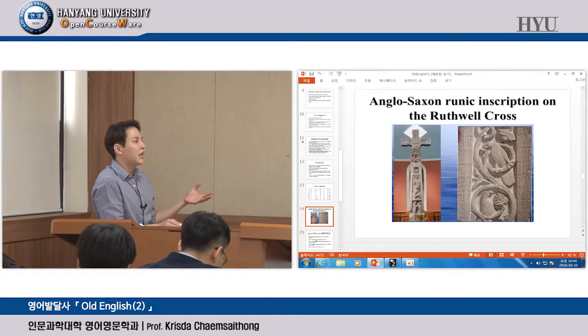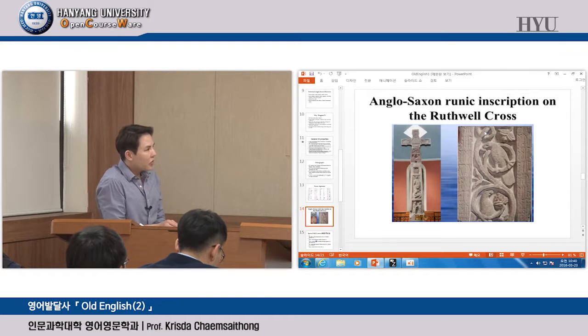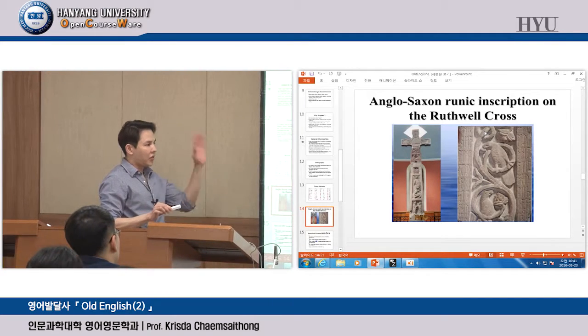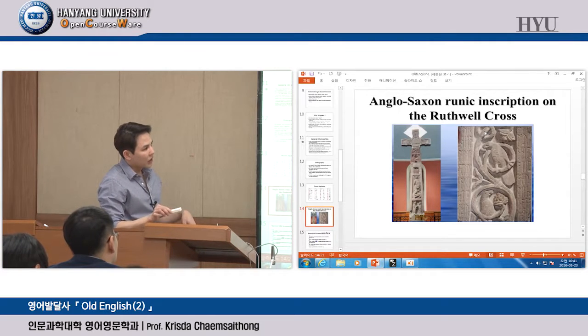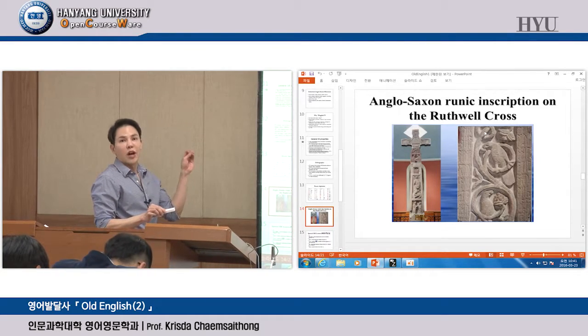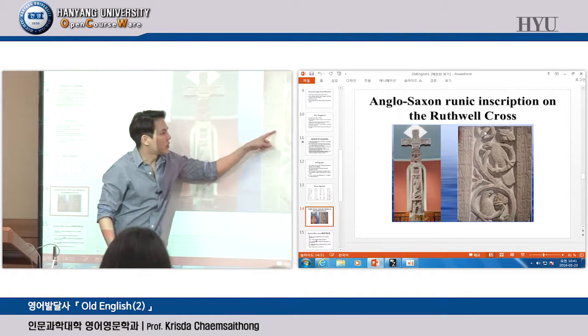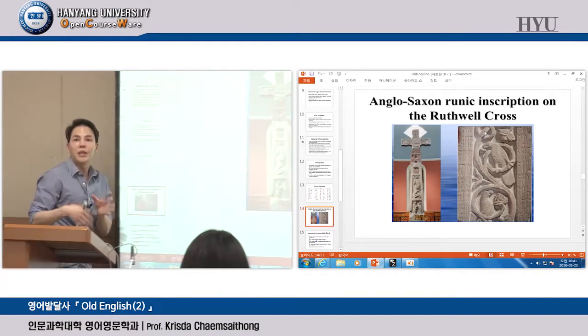People agree that the dating is about the 8th century. And what is interesting is that all around the edges, there are 4 sides, you have inscriptions of runic letters like this. There are several runic letters here, and on this side also, mixed with Latin.